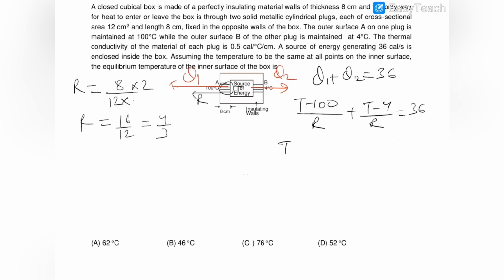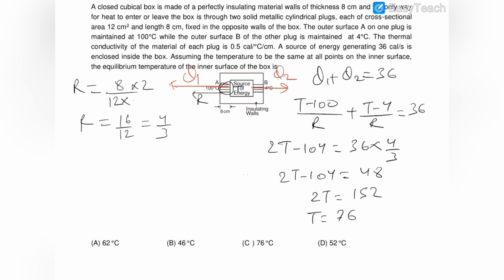So you can see that 2T minus 104 is equal to 36 into 4 by 3. So 2T minus 104 is equal to 48, and 2T is equal to 152. So T will be equal to 76. So the correct answer will be option number C.